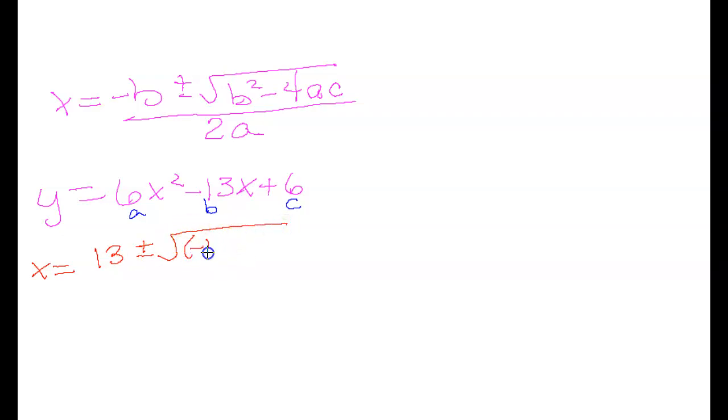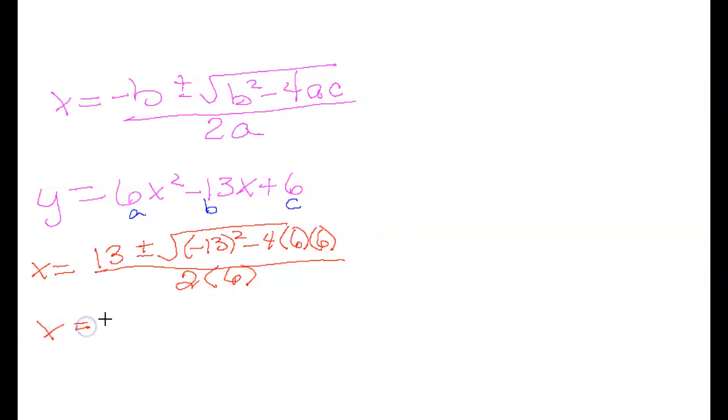A negative 13 squared minus 4 times 6, which is a, and 6, which is c, all over 2 times 6. Now, all of this here, you can start calculating any of this as you go. I'm just showing you guys the necessary steps as we proceed through this.